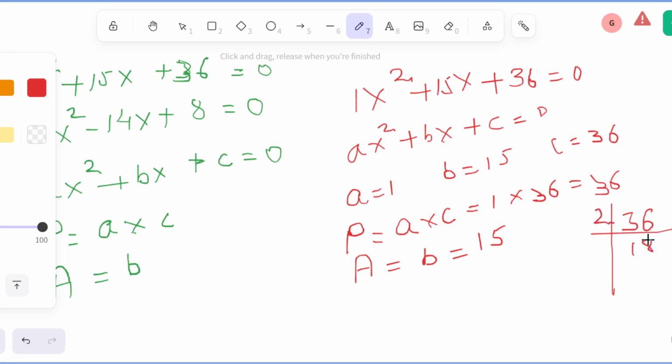We have 18, and if we go further we get 9, then 3 and 3. Now try some combinations, like 2 into 2 is 4, 3 into 3 is 9. So 4 into 9 is 36, but 4 plus 9 is just 13. We need 15, so use another combination. Why not 2 into 2 into 3, which is 12, and you have 3. See, that's correct. 12 times 3 is 36, right?